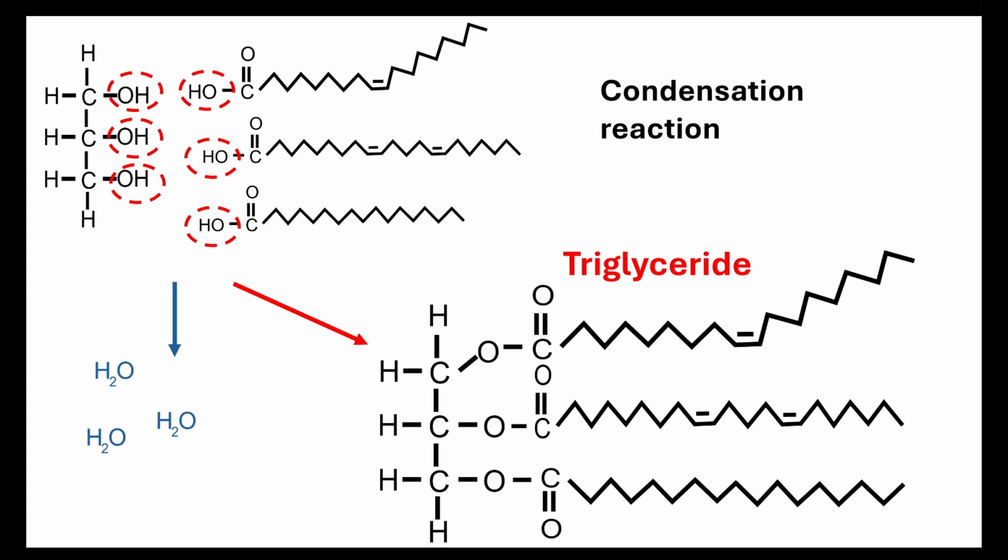And by removing 3 water molecules, we are joining these 4 monomers together to produce a macromolecule, which is called a triglyceride. Now, it's a triglyceride because it is bonded together with ester bonds. So at each place where the water was removed, we have now formed what's known as an ester bond. And that was formed through a condensation reaction.